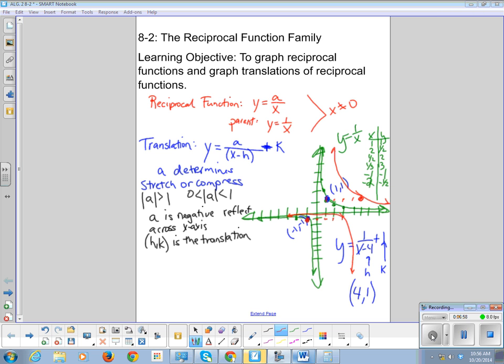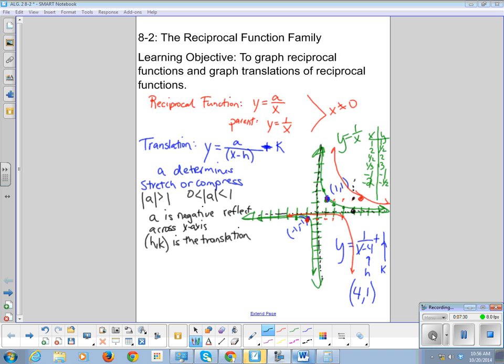Then my graph of my parent function is in red. Another way to look at it is that I have an asymptote right here. I can't equal 0 on my x-axis, and I can't equal 0 on my y-axis. So I can move that asymptote over 4 units to the right and 1 unit up.